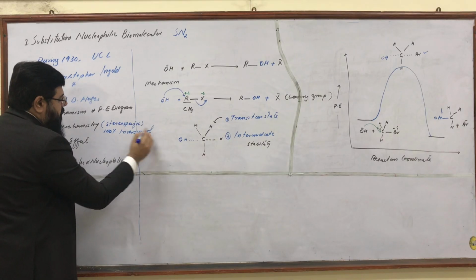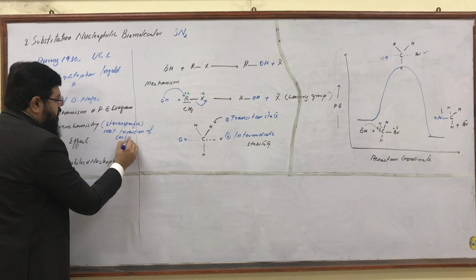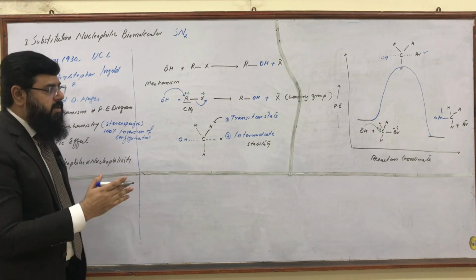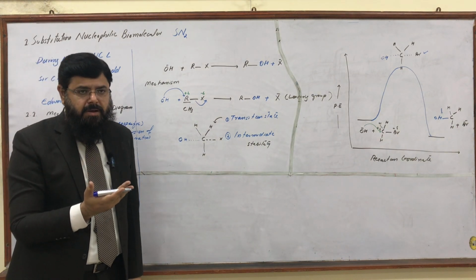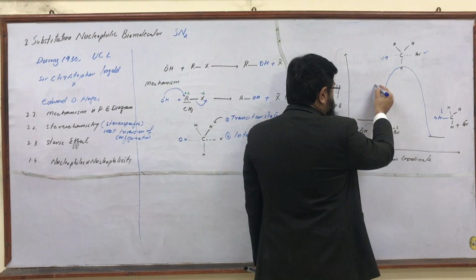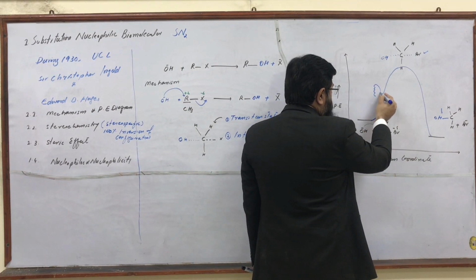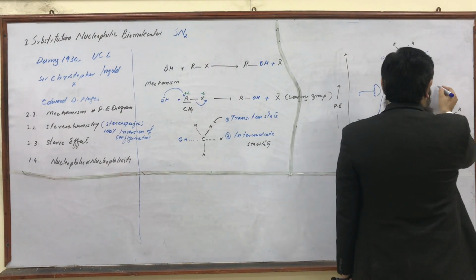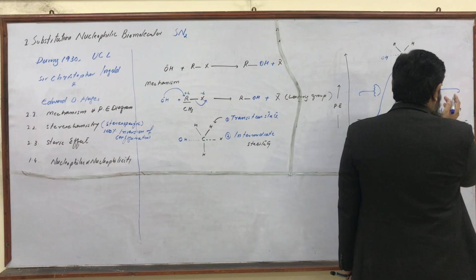100% inversion of configuration, or we can say that the product will be just like an inverted umbrella. In an umbrella, you can see it is like this, but on the product side, we shall have this kind of umbrella.